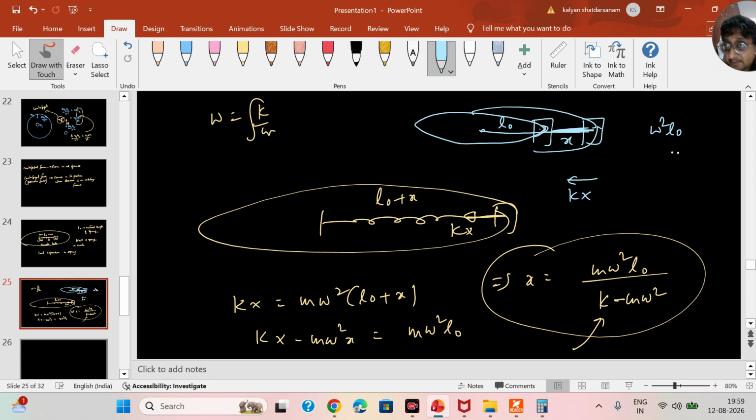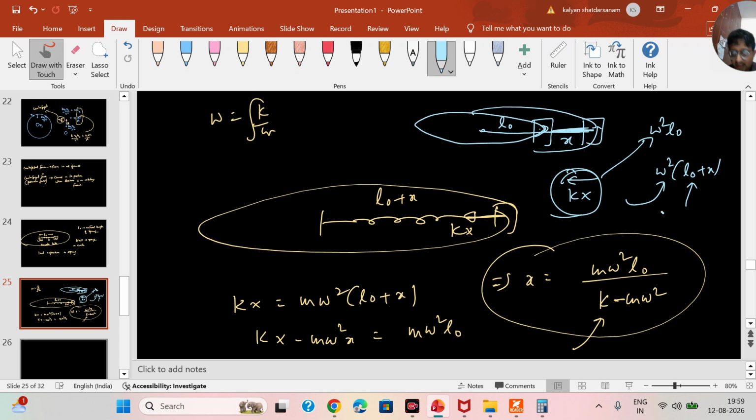But the moment the spring expanded, the block is not going in a circle of radius L naught anymore. It's going in a circle of radius L naught plus x. Acceleration has increased. The block says, no, now my acceleration is not the old one, it is the new one. So spring, your force is not sufficient.